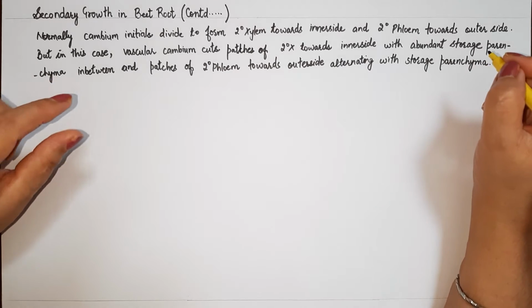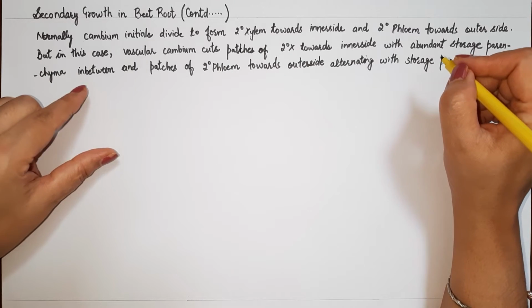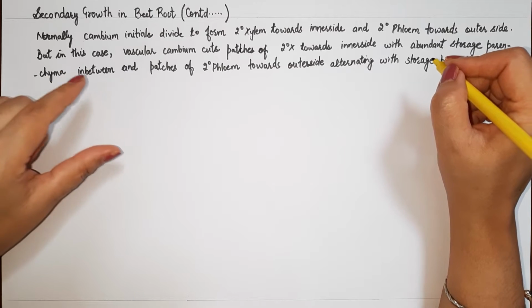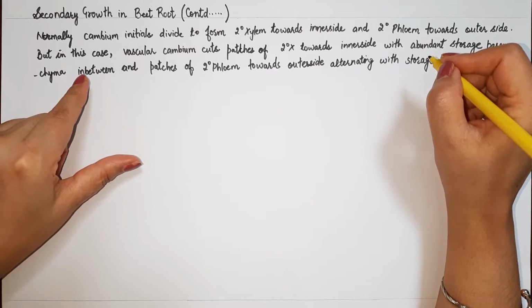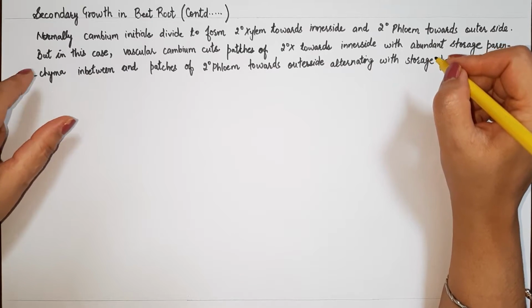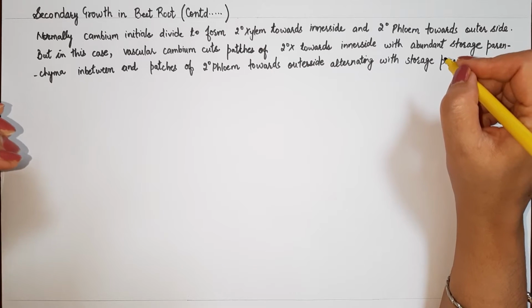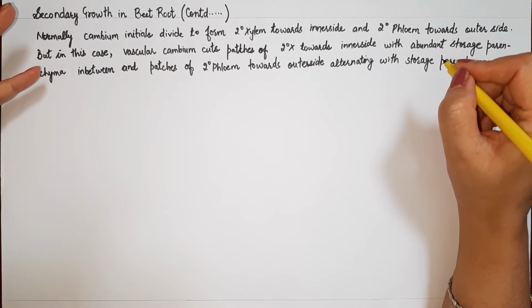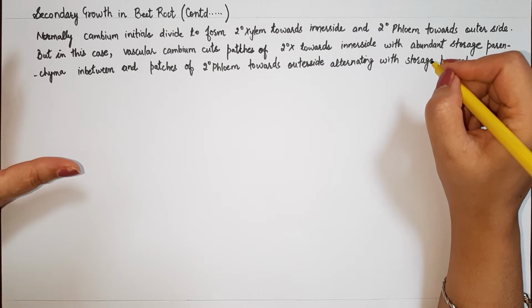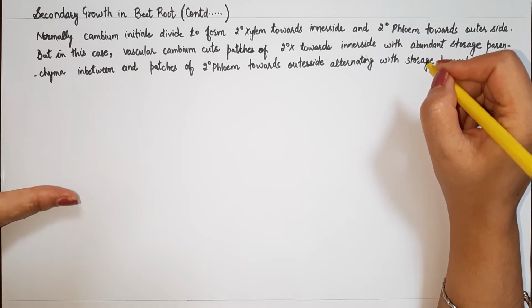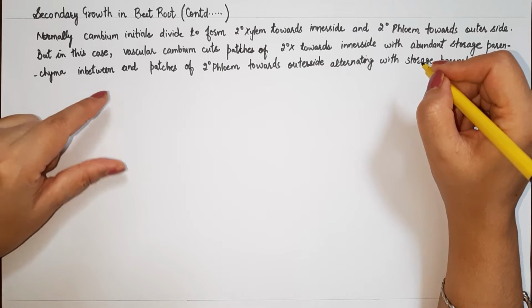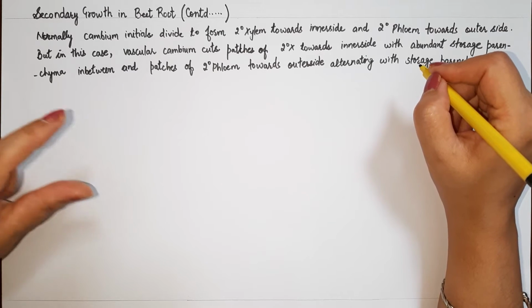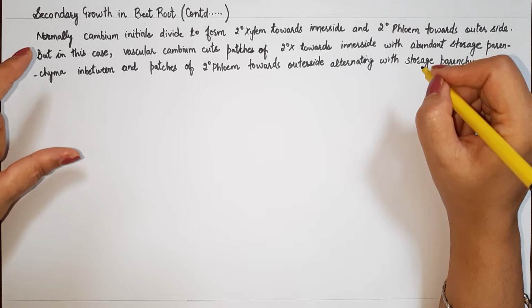Okay. So, a part of the cambial cells will cut secondary xylem towards inner side and secondary phloem towards outer side, but a part of the vascular cambium will cut the storage parenchyma both towards inner and outer side. So, that is why here the secondary tissues are not continuous. They are discontinuous in the form of vascular bundles with abundant parenchyma in between.